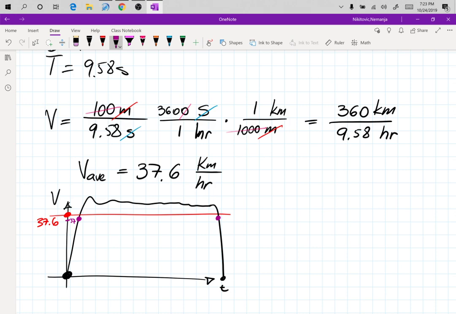So he went 37 kilometers per hour at least twice. So it's a really cool exercise.